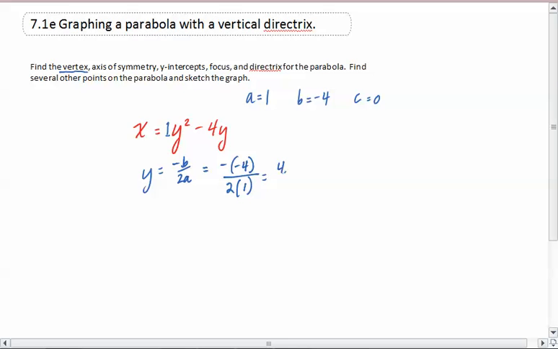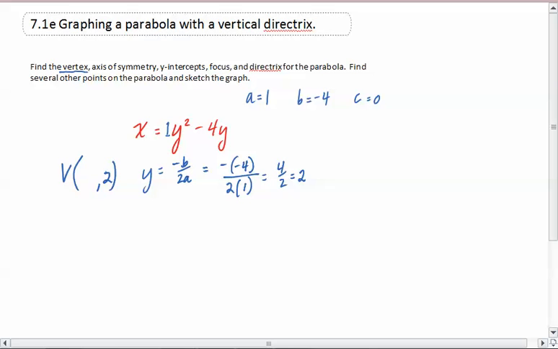We get 4 over 2, and we get 2. So now this means that y is 2 for the vertex, right? Don't make a mistake and put that in the x. We didn't find the x, we found y.